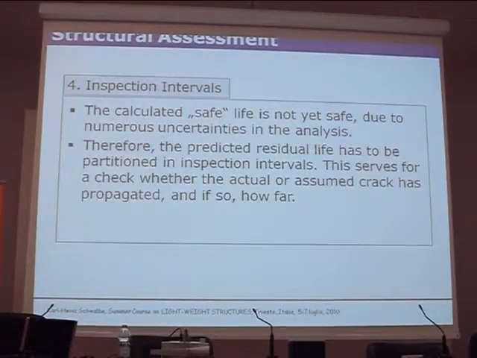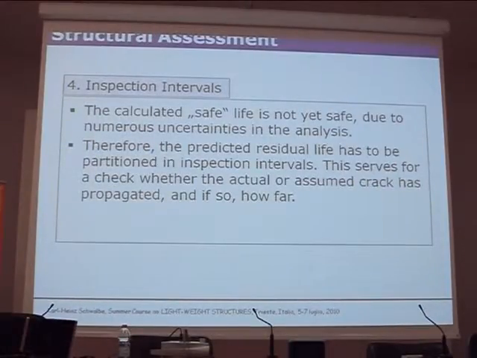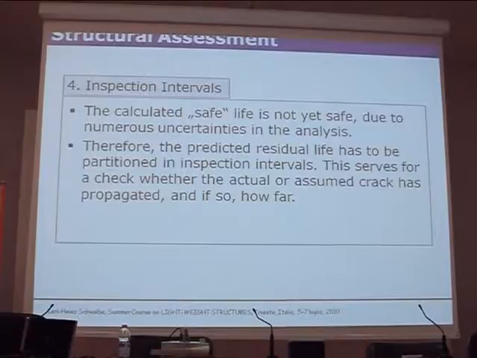Of course, the predicted life has to be partitioned into inspection intervals. This serves as a check whether the actual or assumed crack has propagated, and if so, how far. So you should never rely on the predicted lifetime. If you can afford it, divide the predicted life. A prediction creates the impression of something accurate.